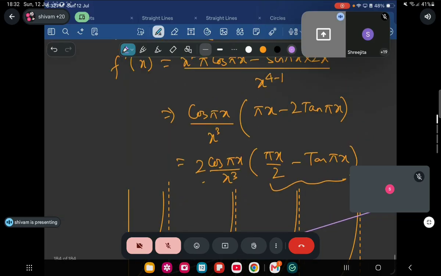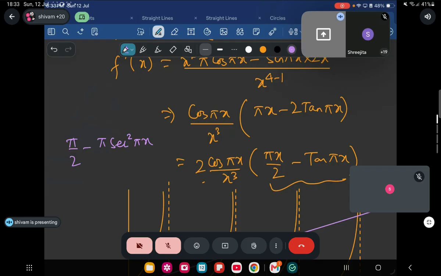When you differentiate it once more, pi x by 2 and tan pi x, what are we getting? Pi sec square pi x when you differentiate tan pi x. So it will be pi by 2 minus pi sec square pi x, right? Tell me. Right.